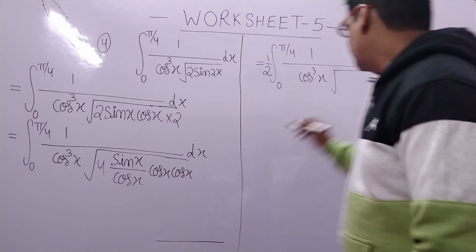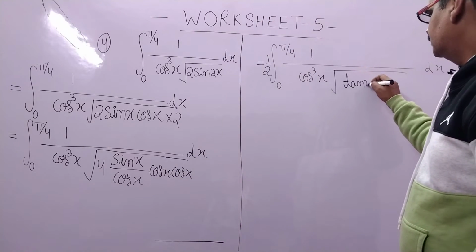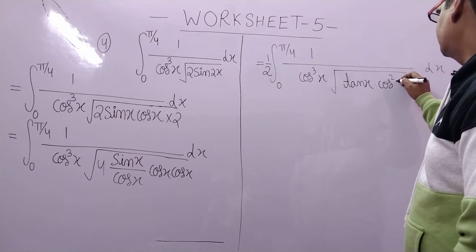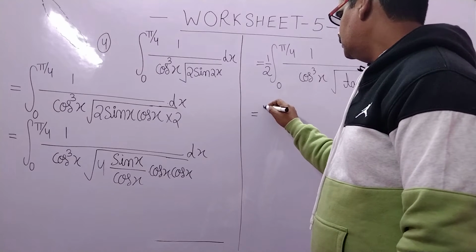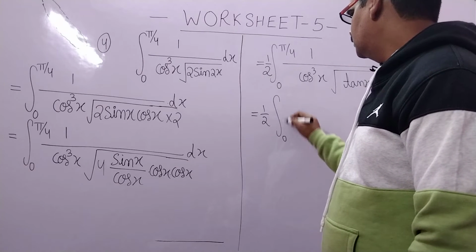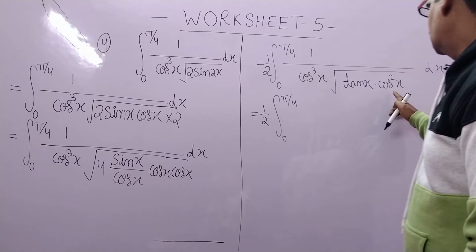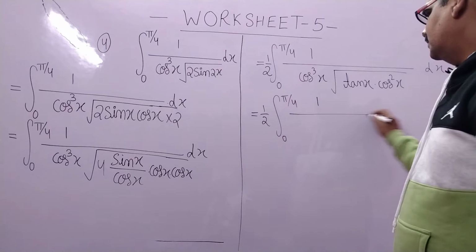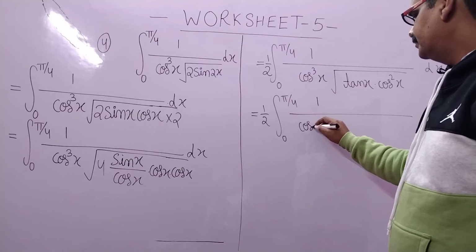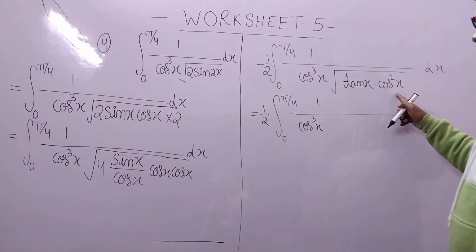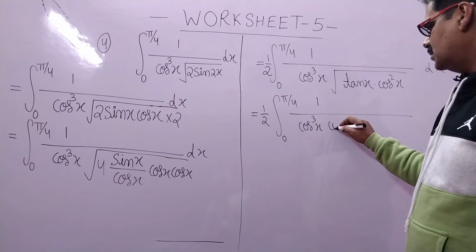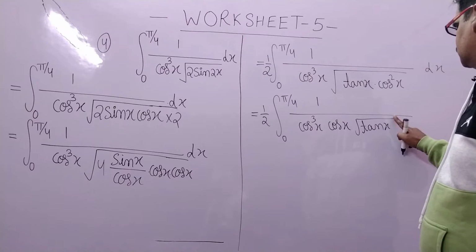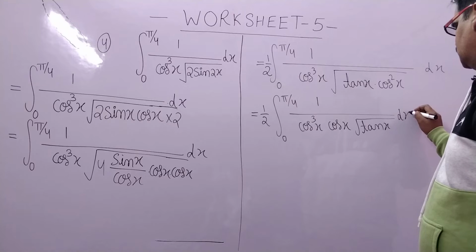Sin x upon cos x becomes tan x, and cos x times cos square x. Now root cos square x is equal to cos x, so we have cos x cube, and this cos square x moves out from the root and becomes cos x. dx.